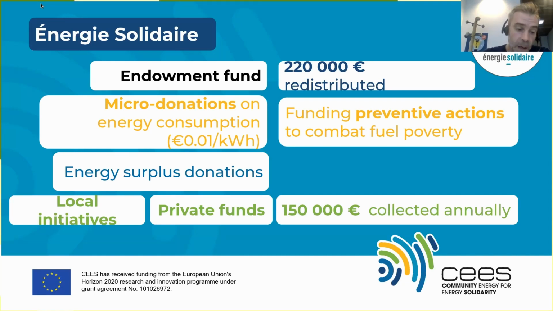And the value of this surplus, of this volume of energy, goes back to a local organization working on energy poverty alleviation. And it's a way for us to insist on the fact that renewable energies are a way to collect further resources and further wealth in order to fund the very much needed energy poverty alleviation programs. So it's a bit symbolic, but we're working on it, and hopefully it will take off someday soon.